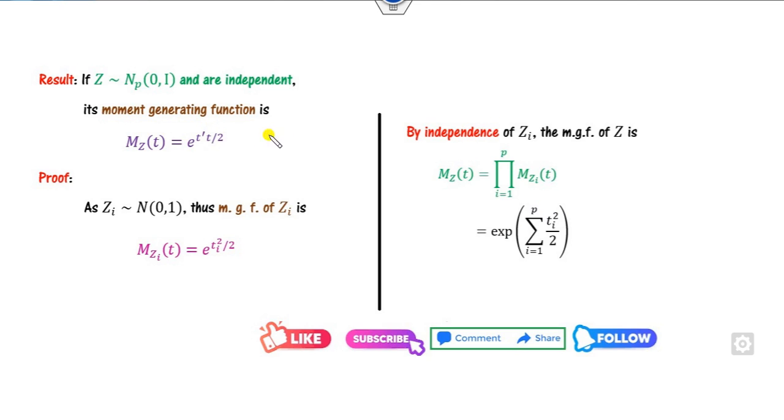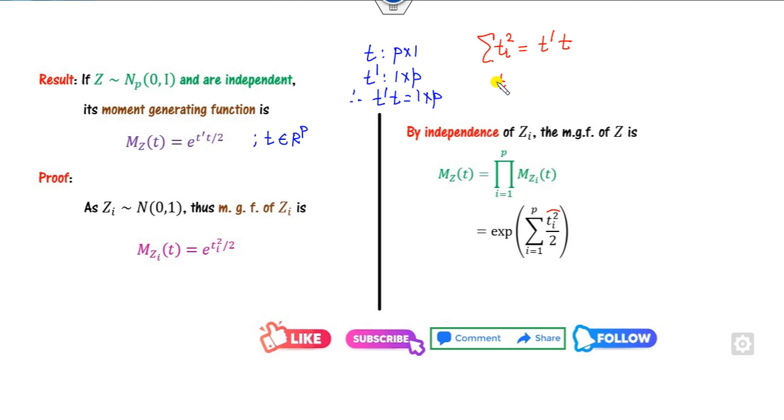Fine. Now because t is my vector of p, that is t is p cross 1, what is t dash? It's 1 cross p. So therefore t dash into t is 1 cross 1, and we can write the sum of ti square to be t transpose t. So I can replace this summation value.